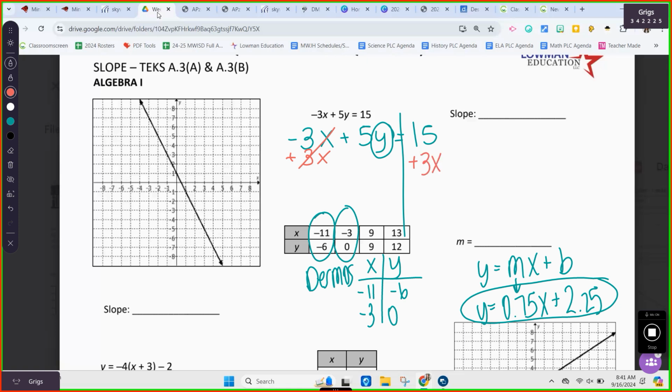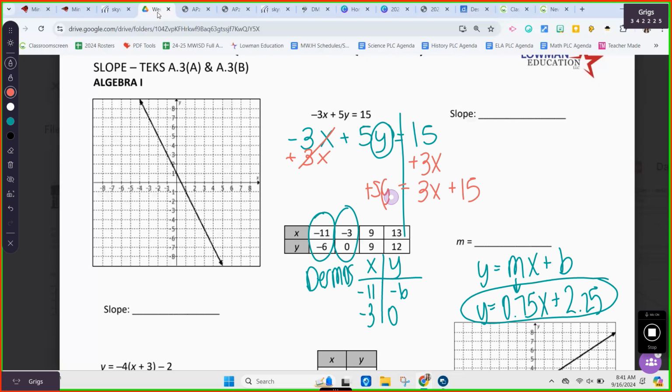Are 3x and 15 like terms? No. So I'm going to rewrite it: 5y equals 3x plus 15. I typically always put my coefficient variable in that first slot. It does not matter, but I do. Now, I'm going to keep that plus in front of the 5 just to be conscious of it.